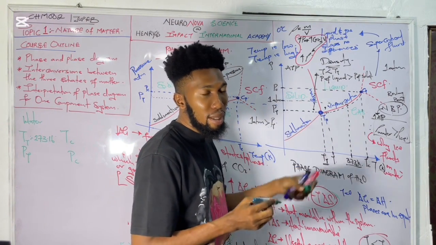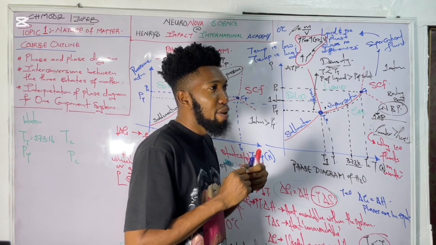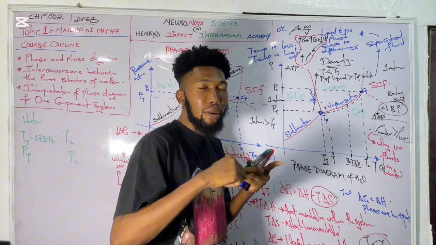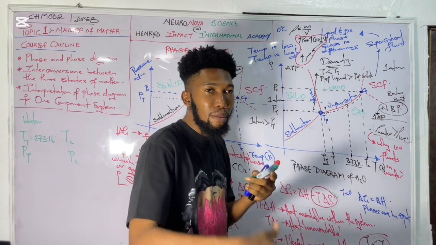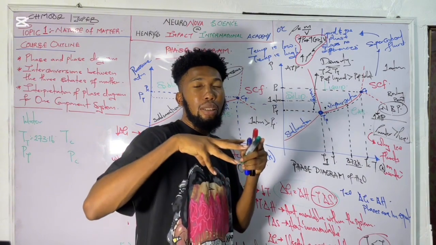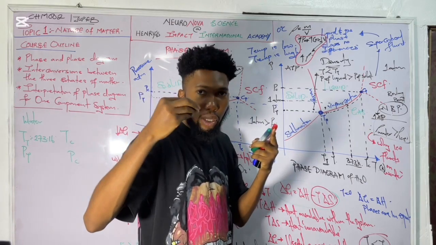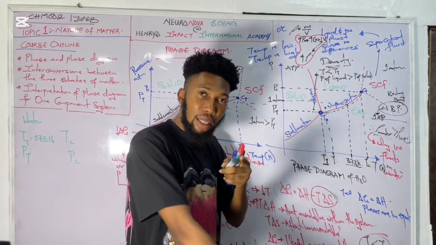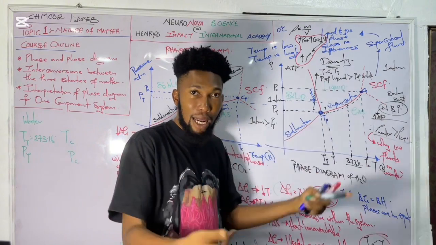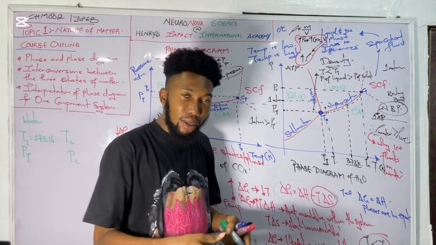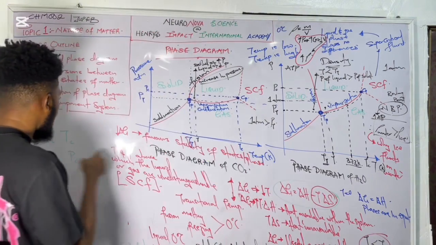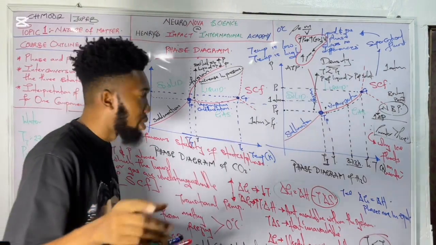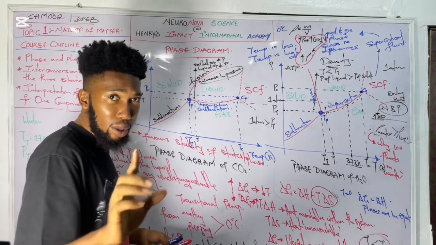I don't know if you've observed that sometimes you see liquid melting, and at the same time you'll be seeing some gaseous components coming out while you're still seeing solid. So the three of them are literally happening at the same time. That 273 is approximately your 0 degrees Celsius, which is usually the freezing point temperature. You get what I'm trying to say?